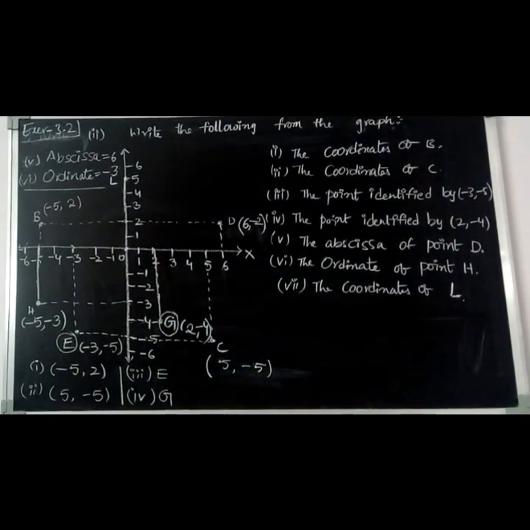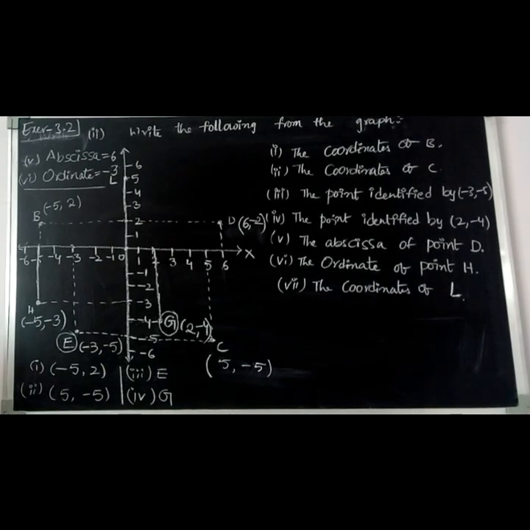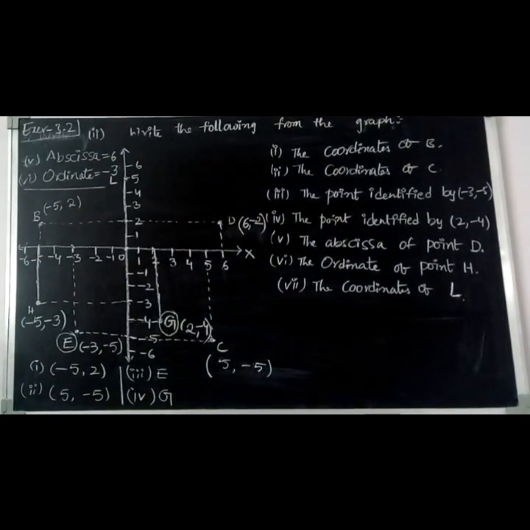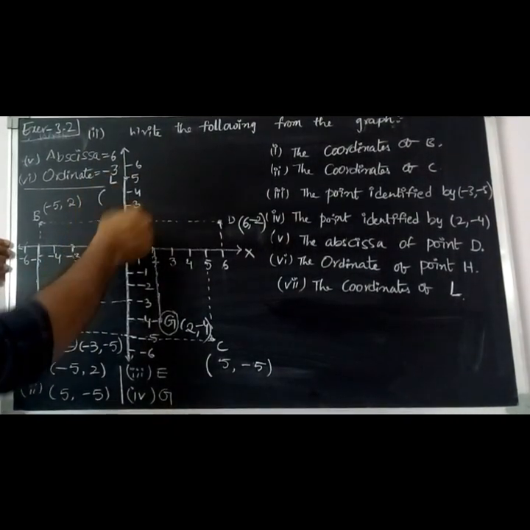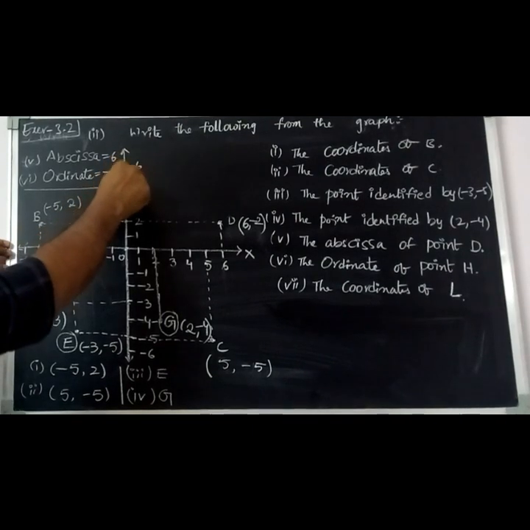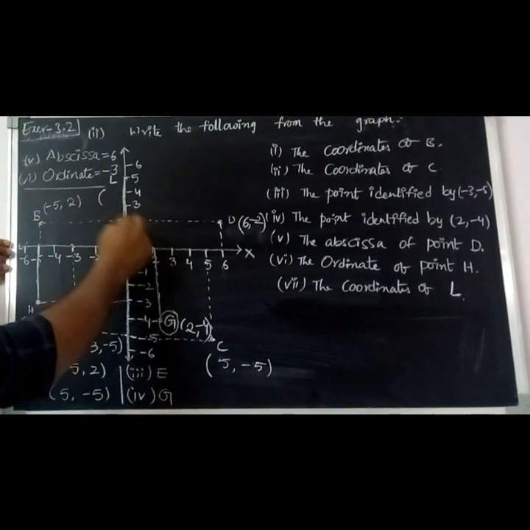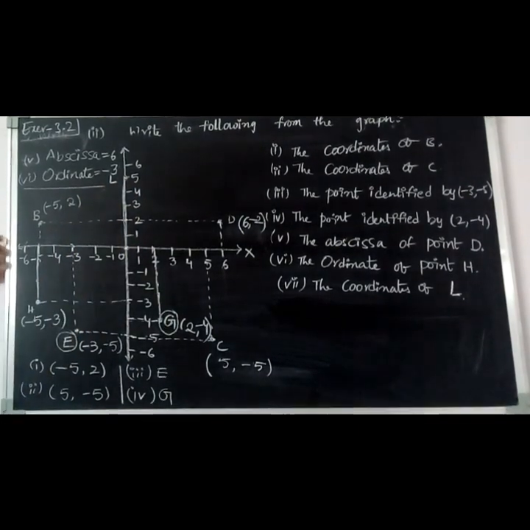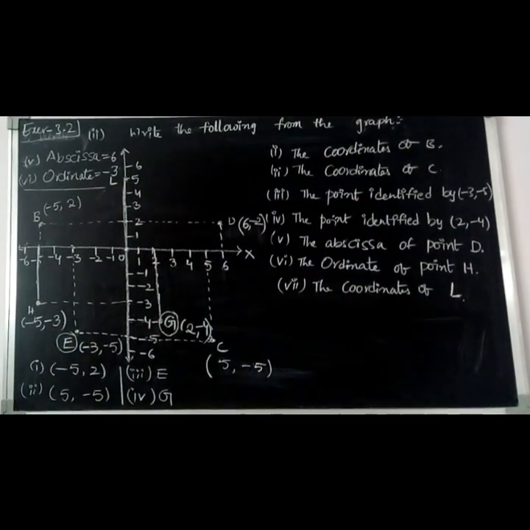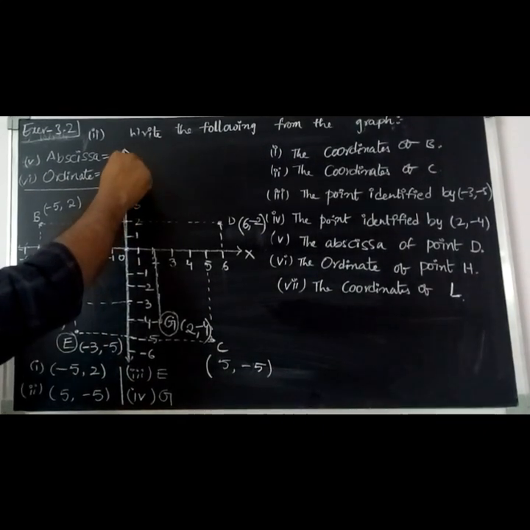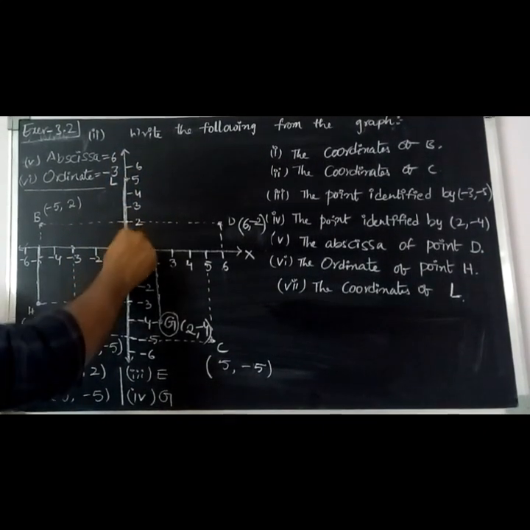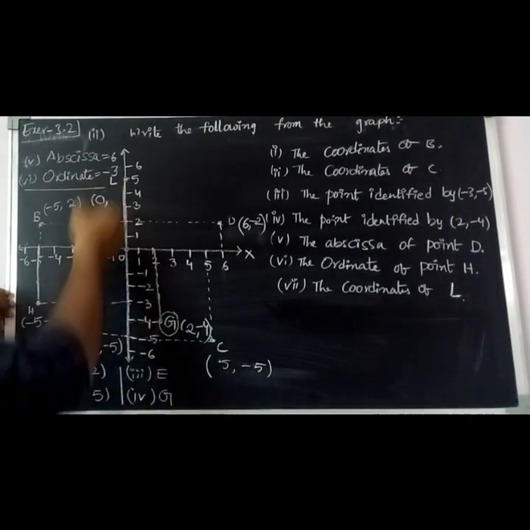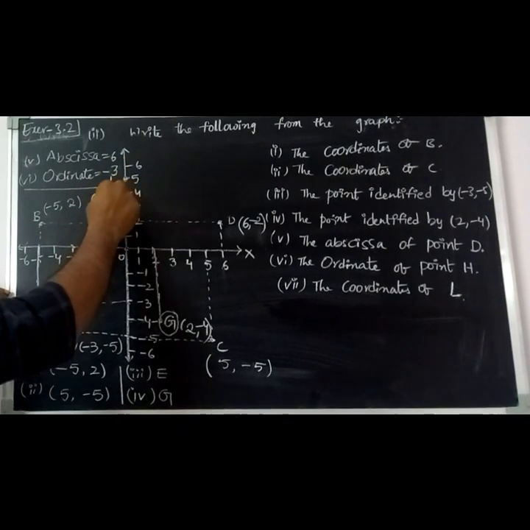Next one. The coordinates of point L. Here, if you see the L value, is there any number on the x-axis? This straight line touches the x-axis at O. So the x value is 0. On the x-axis the point is at 0, comma, on the y-axis at 5.